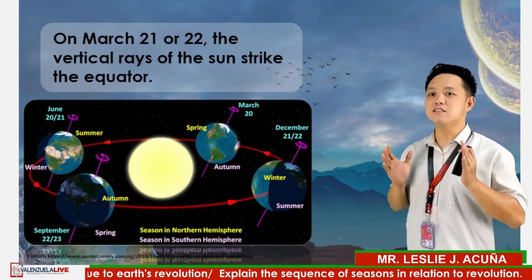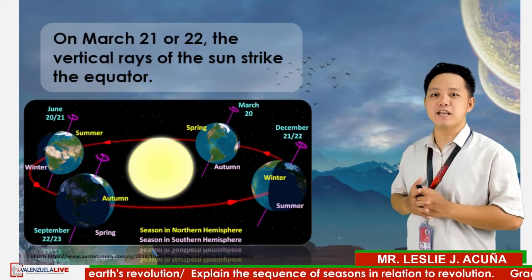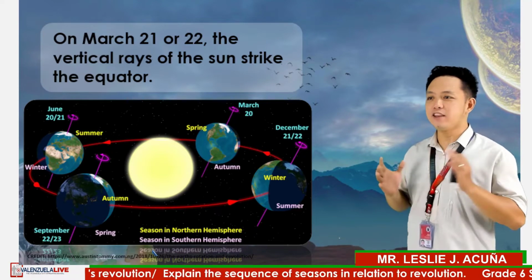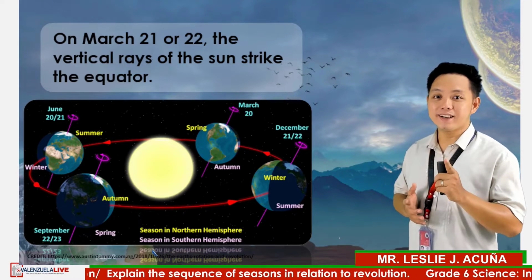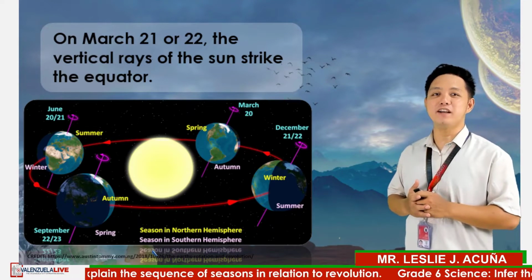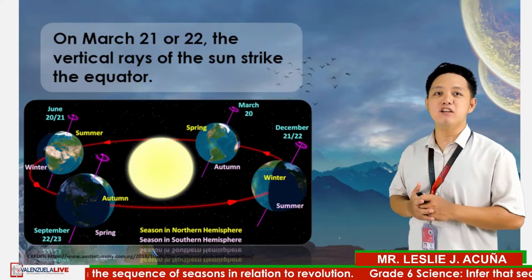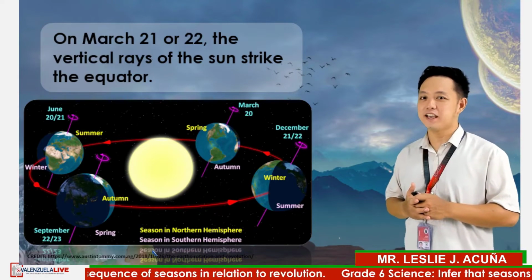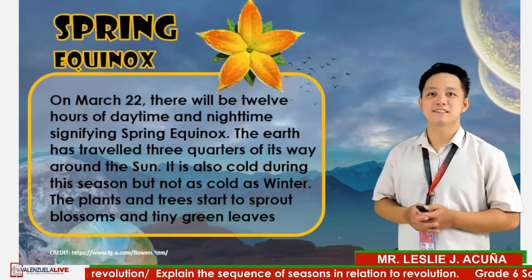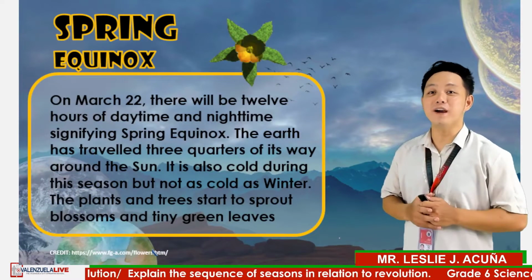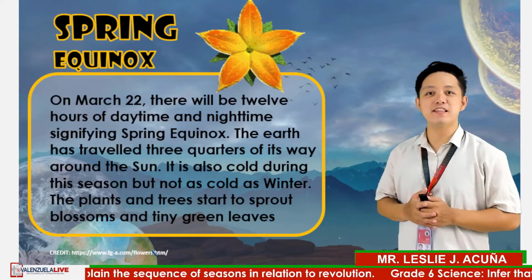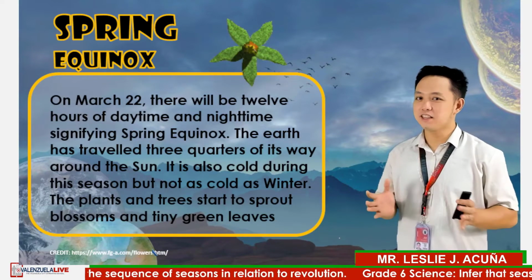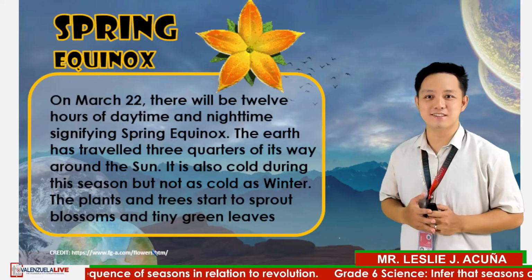So there is equal length of daytime and nighttime anywhere on Earth. It is spring in the northern hemisphere and autumn in the southern hemisphere. On March 22, there will be 12 hours of daytime and nighttime, signifying spring equinox.